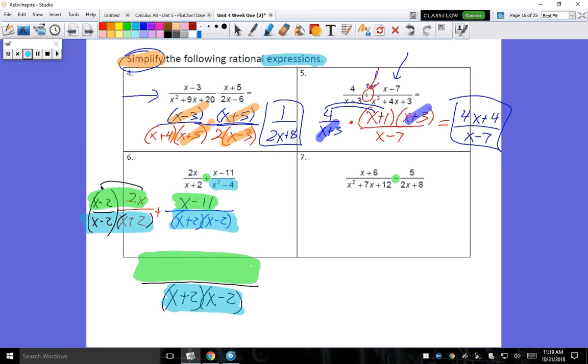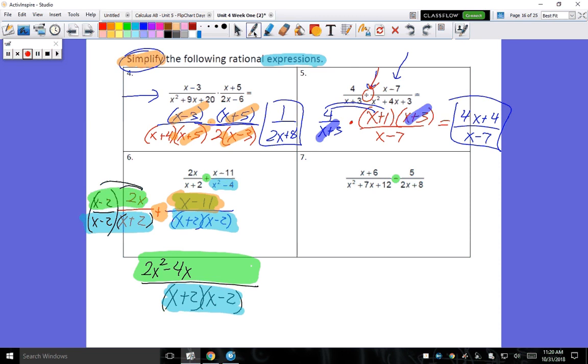Alright, distributing this, what do I get? 2x squared minus 4. 2x squared, I didn't hear the rest, what was? Minus 4. Minus 4x. Yeah. Okay, and now watch, here's where mistakes can happen, okay? You're going to add all of this.